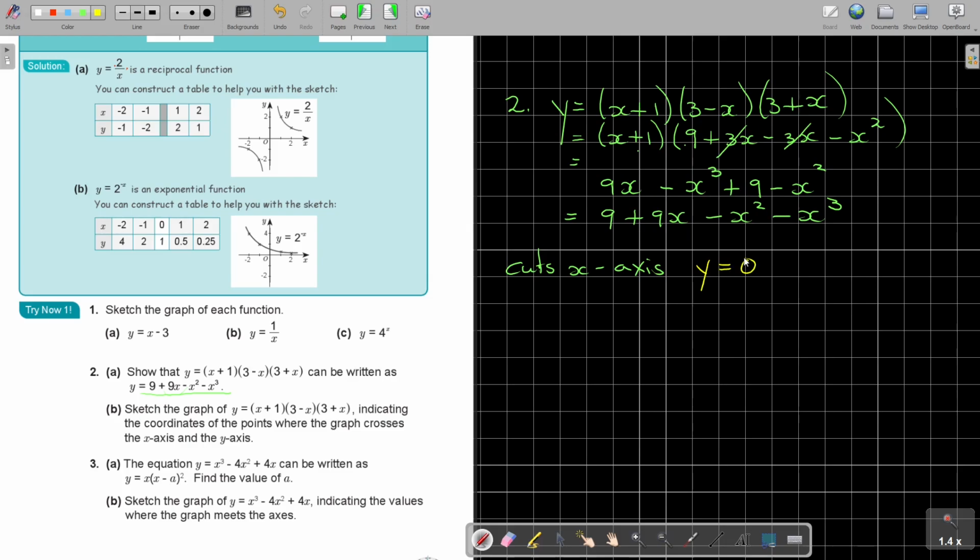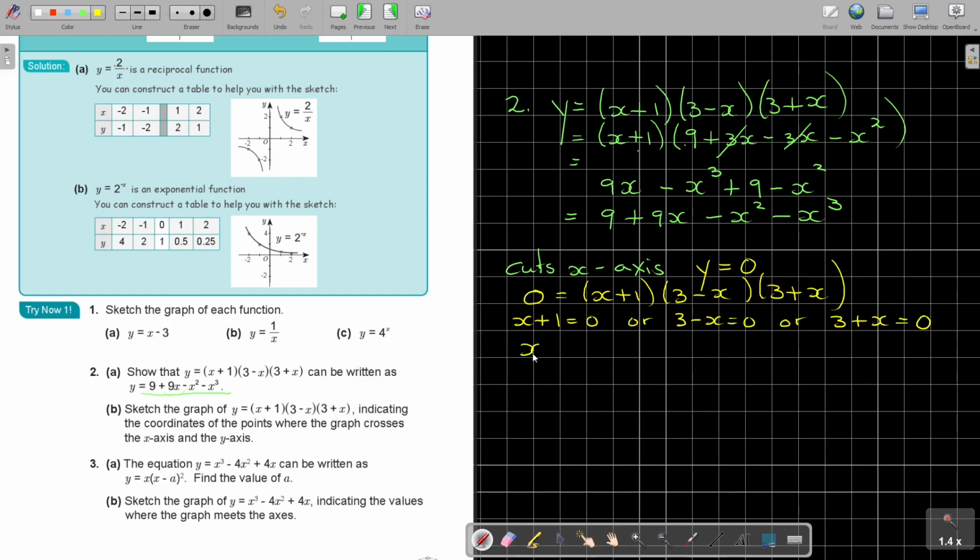So if I put 0 in the place of y, I have (x + 1)(3 - x)(x + 3) = 0. Use the brackets, they help you. So it's either this bracket that's 0, or the second bracket is 0, or the third bracket is 0.